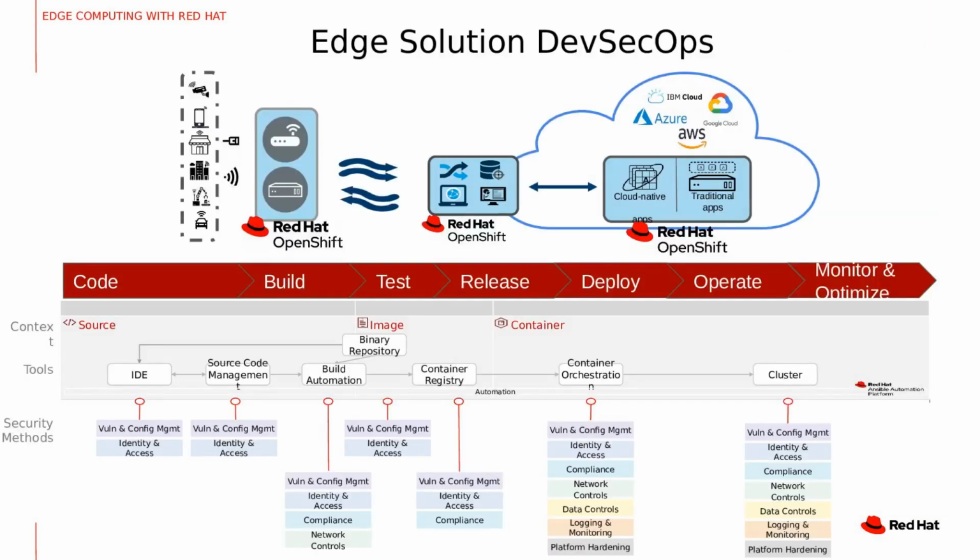So let's talk about that, and let's explode that a little bit, that reference architecture that we talked about before, and the life cycle of getting code to all 3 tiers of that reference architecture.